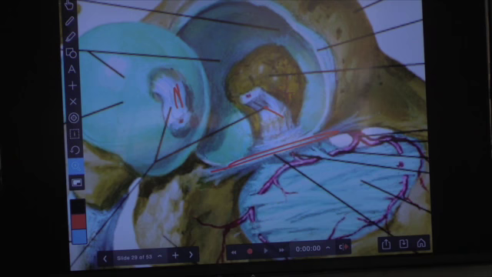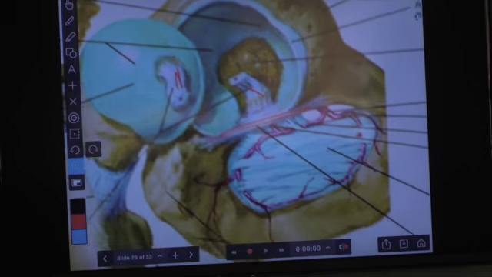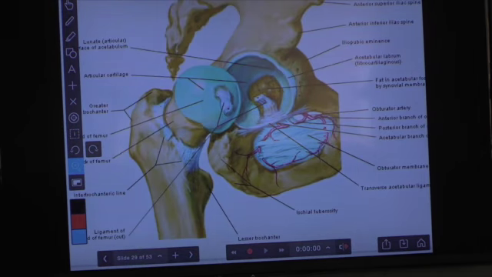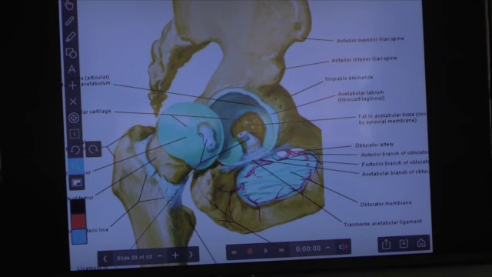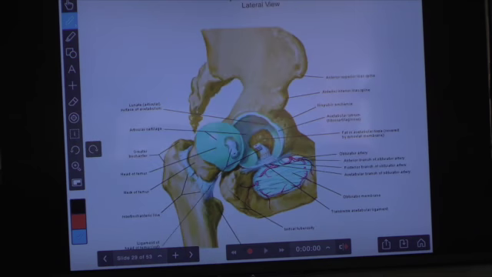The labrum, the acetabular labrum, is the one that goes around the acetabulum. And of course the femur goes in there, and for stability it is a little deeper than the humerus.